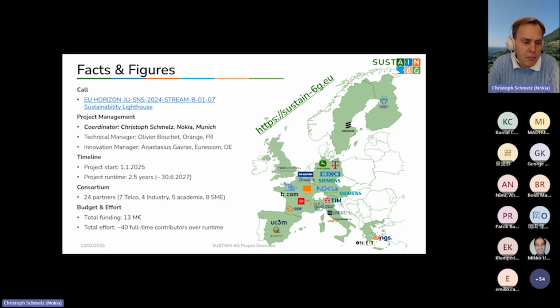And something quite important to see in this context is that we have a large number of SMEs participating, representing various aspects of sustainability. Budget and effort is maybe not so important at the beginning. The website, by the way, has been online since the middle of December. So we were a bit premature here, but it was also good to receive first feedback on the content.